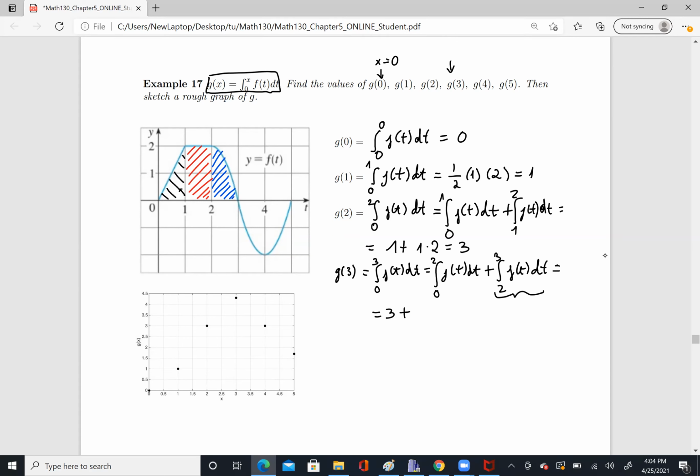Because I have no idea about the function f of t, I just have to estimate from the graph.